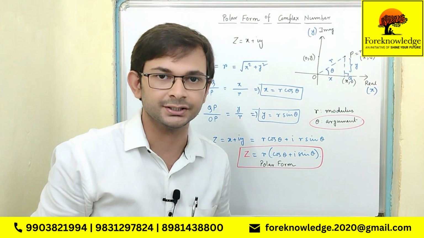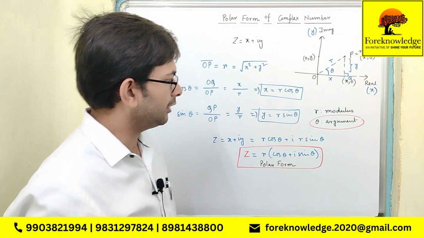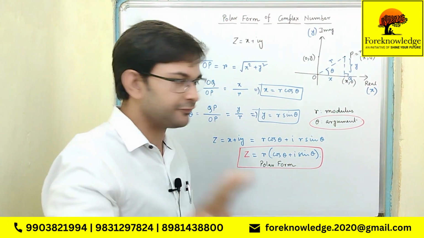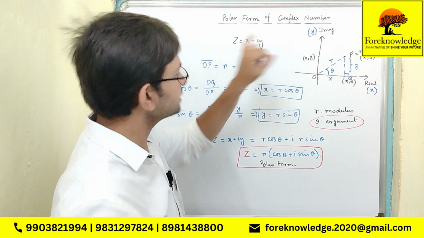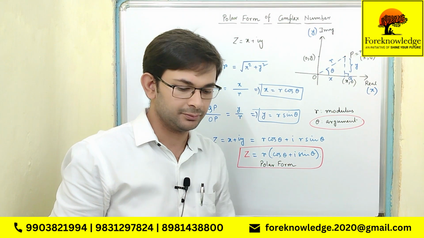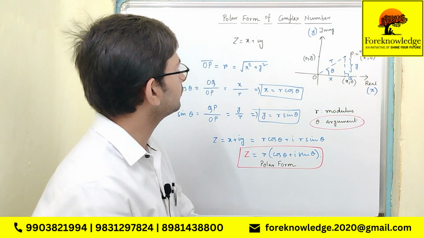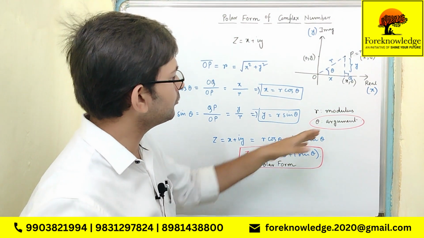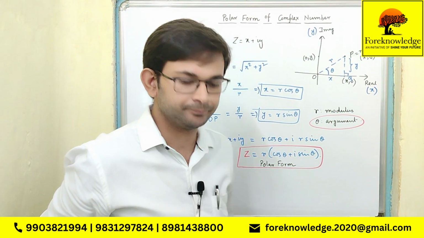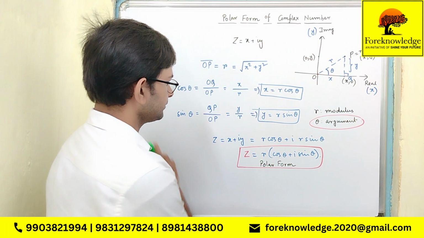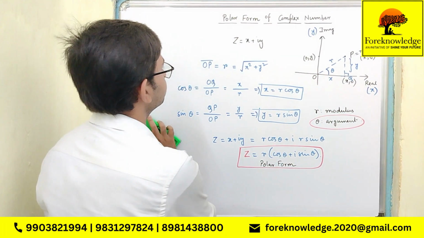How do we find argument given a complex number in this form? Fine. So if this is clear, let's clear this part and move on to the argument part.